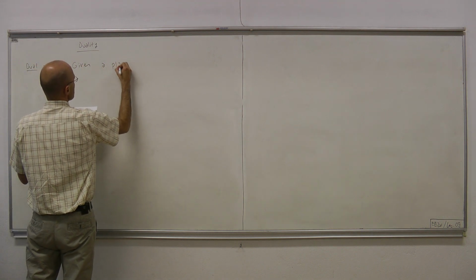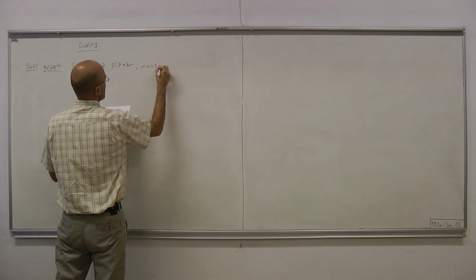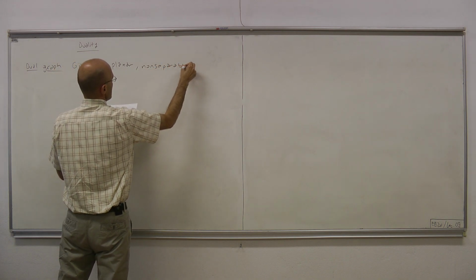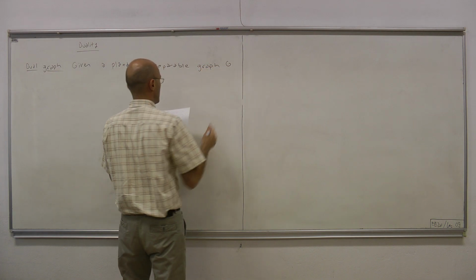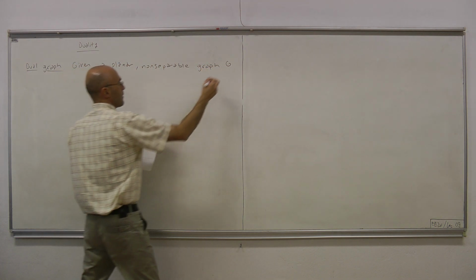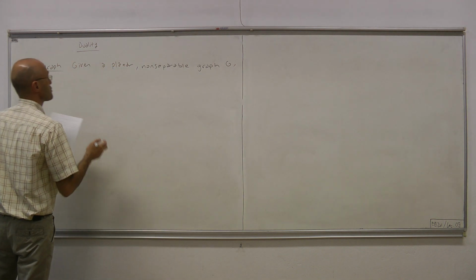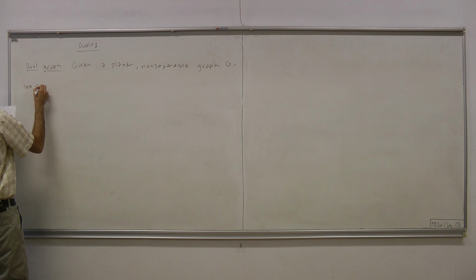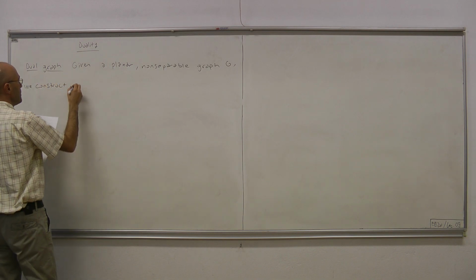Given a planar, non-separable graph, so let's call it G, this is how we construct its dual graph. We construct its dual.